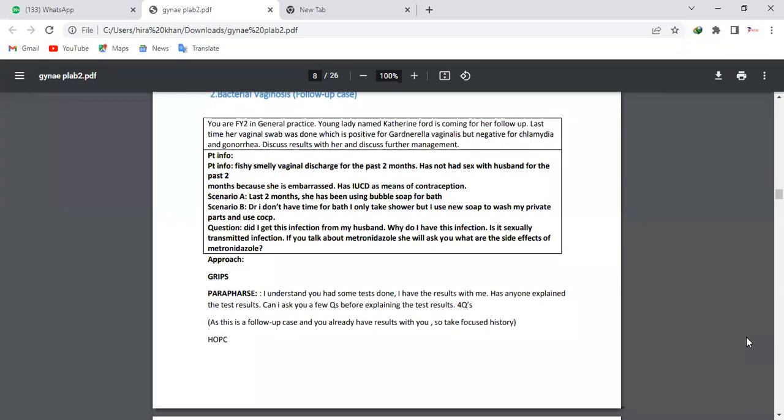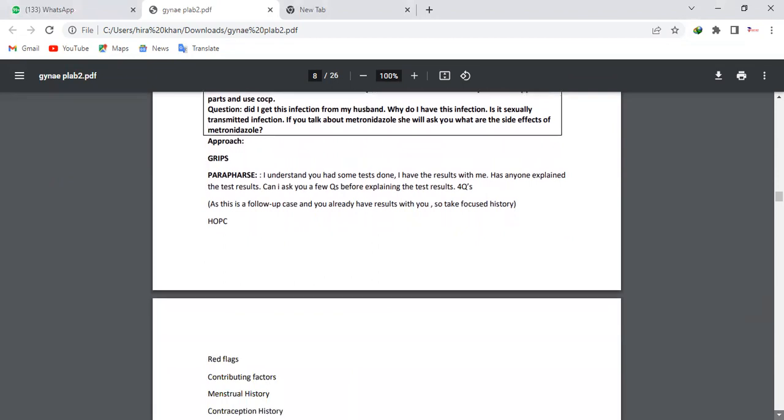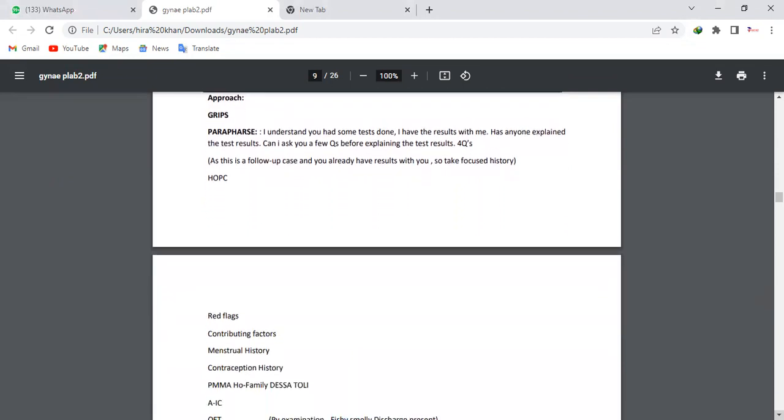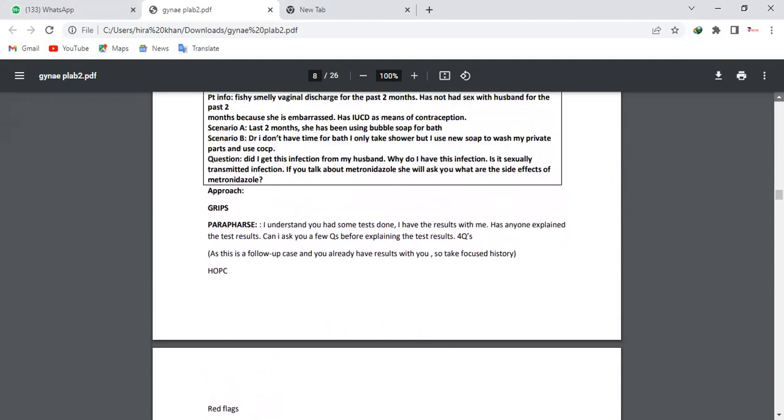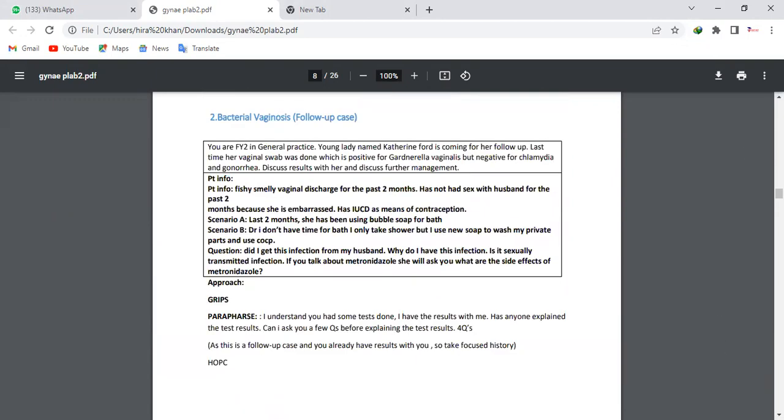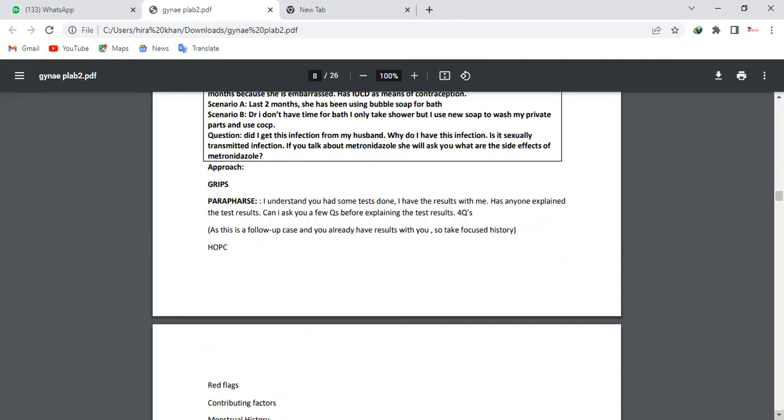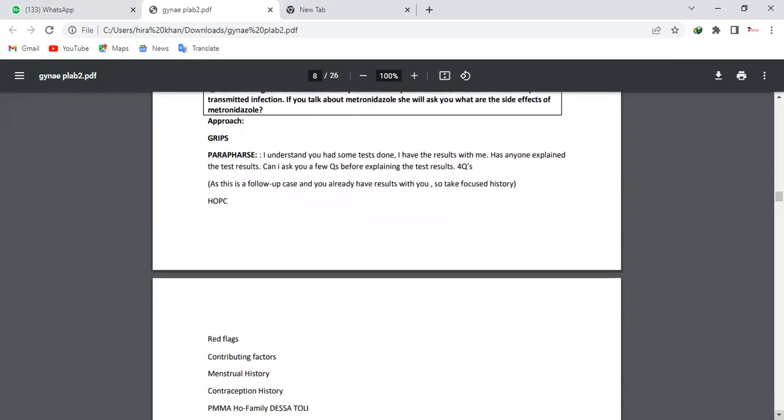No, Catherine. The result is not positive for cancer. You have an infection, a bug which infects the vagina, and luckily this is not any STI, which is a sexually transmitted disease. This is a bug which causes bacterial vaginosis, a simple infection.